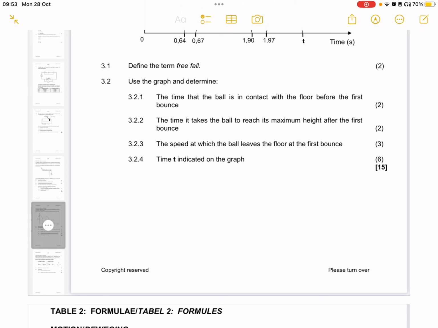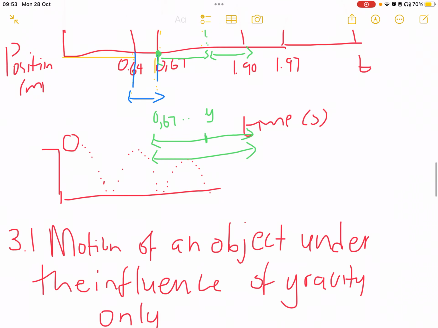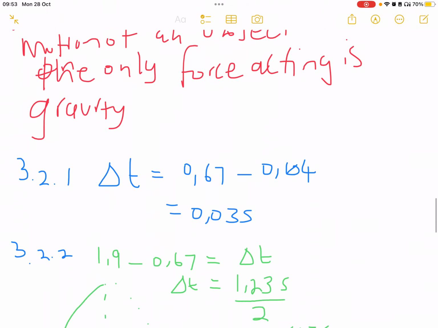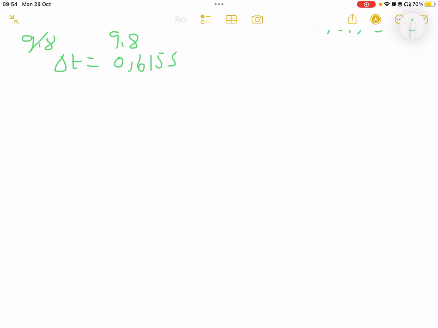So already we have calculated that, but let's redo it again. The speed at which the ball leaves the floor at first bounce. So we're looking at the speed here, which we were calculating just now. That means we'd have to repeat the calculation.